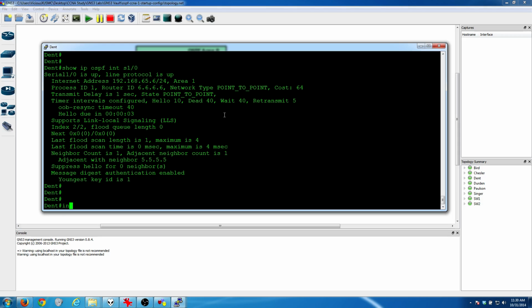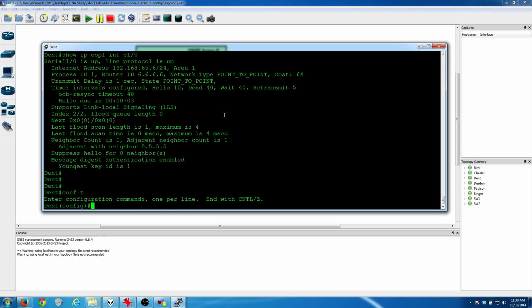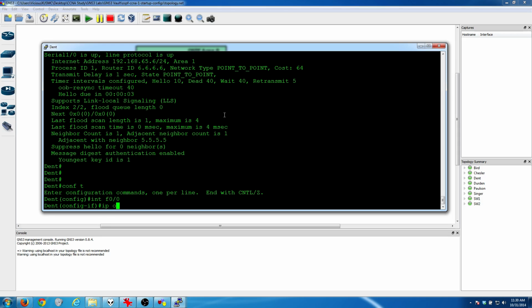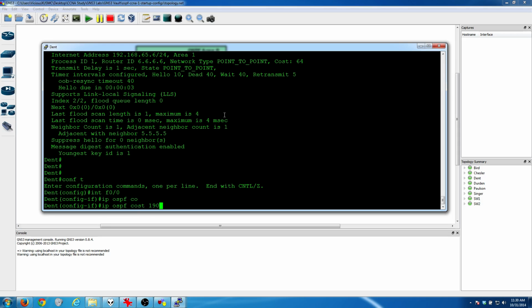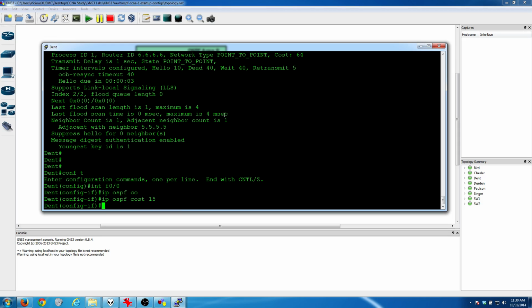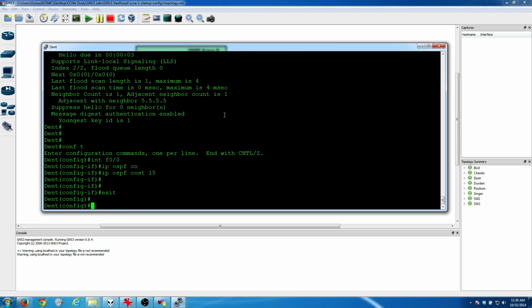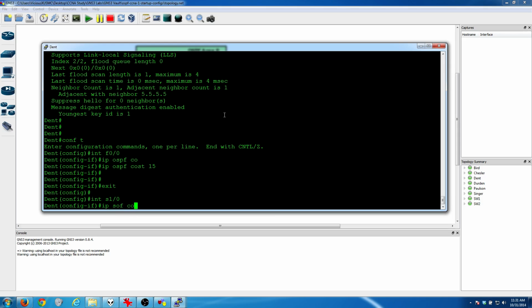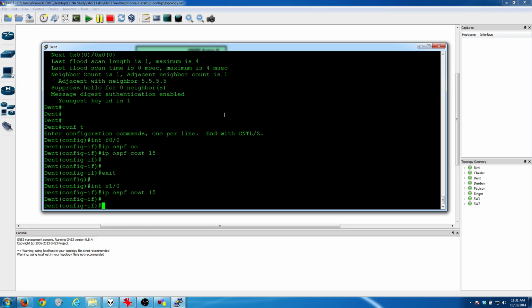So we'll go into those interfaces, IP OSPF cost, and we'll set it to 15. And we'll set this one also to 15.